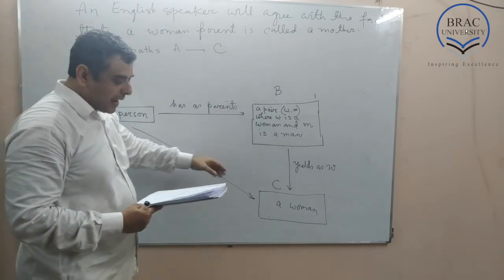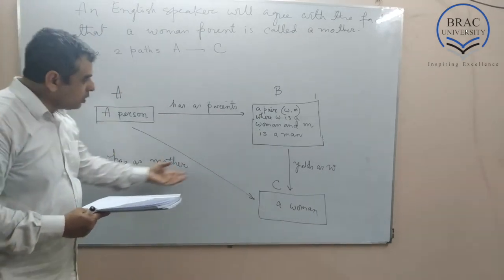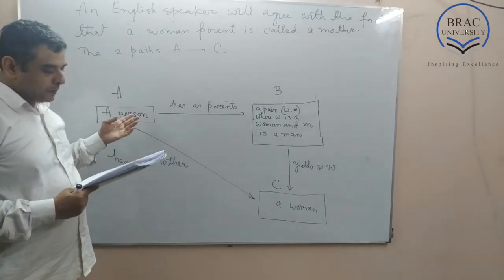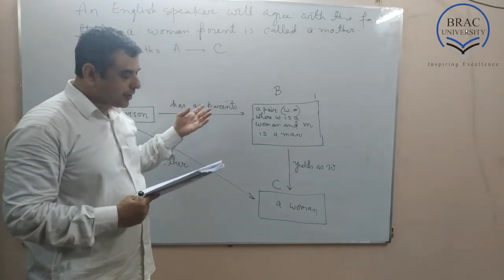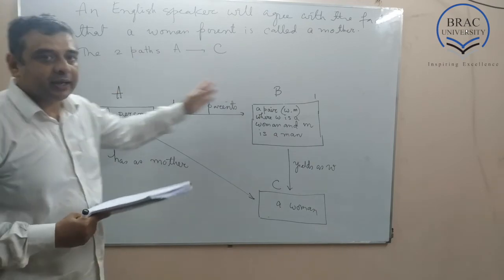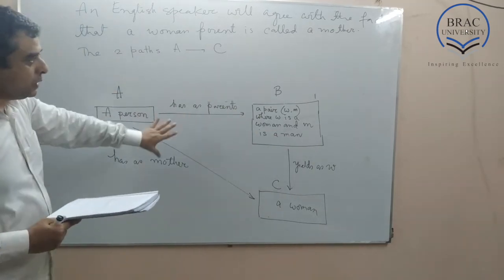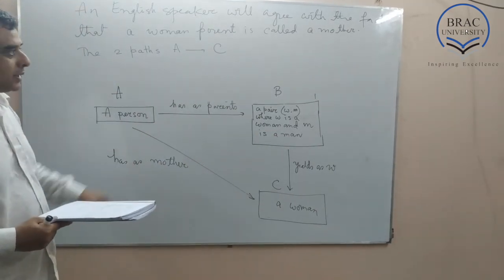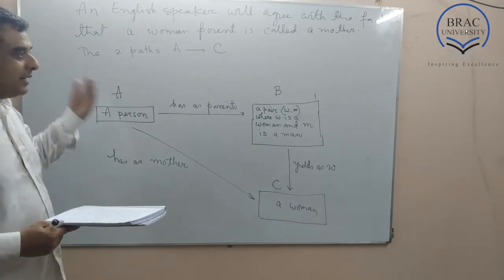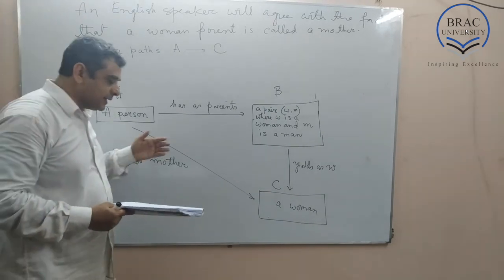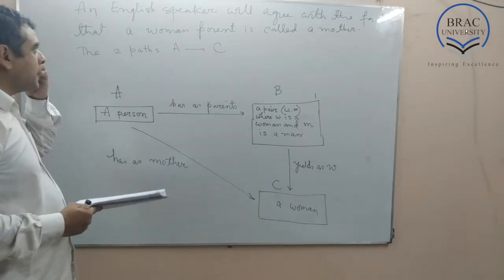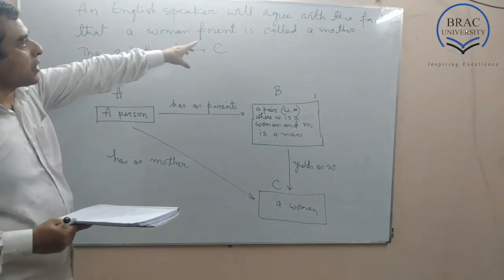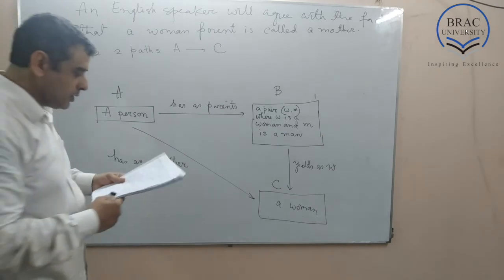Mathematically, we say that the Olog here commutes. It's a triangle of an Olog and it commutes. But in English, if you translate this idea of commutative diagrams, it says that a woman parent is indeed a mother.